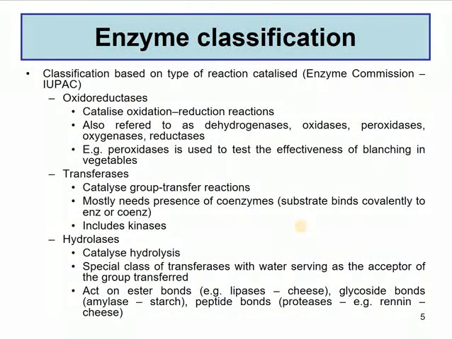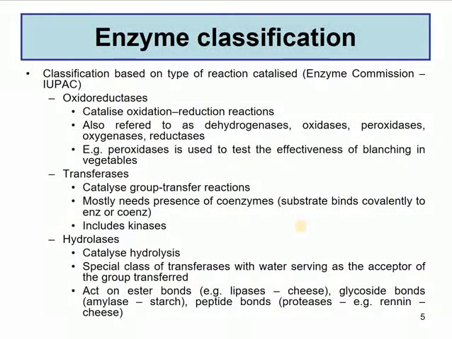And then number 3, we have EC3, the hydrolases. The hydrolases, we are also very familiar with those ones. They catalyze hydrolysis. Remember, hydrolysis is the opposite of condensation and polymerization, because with hydrolysis the bond is broken in the presence of water being added. So these are special groups of transferases, like I mentioned, with water serving as an acceptor of the group transferred.